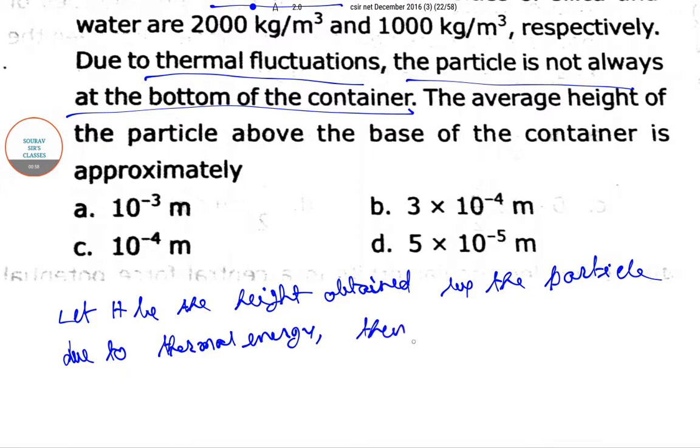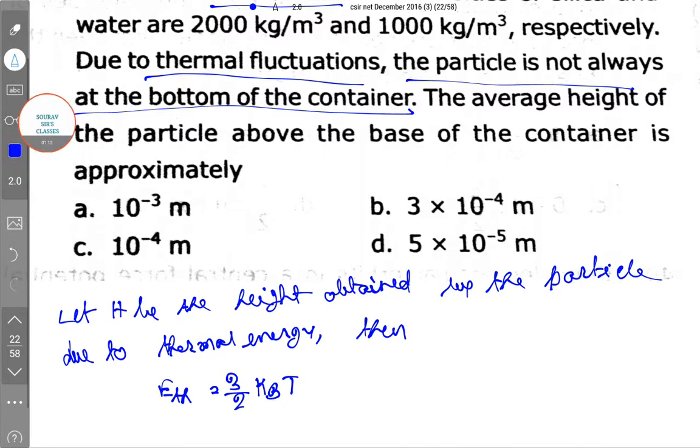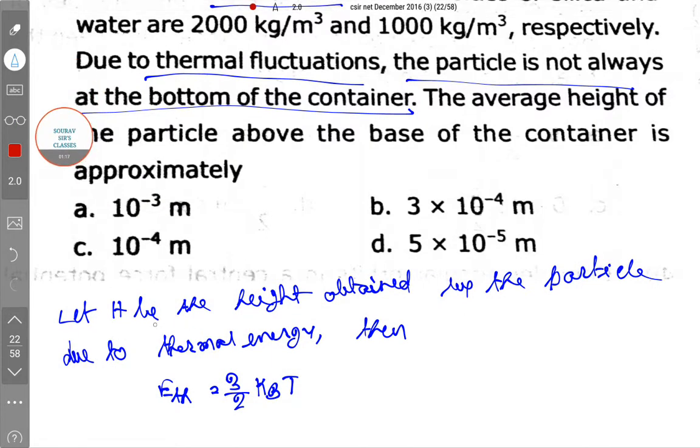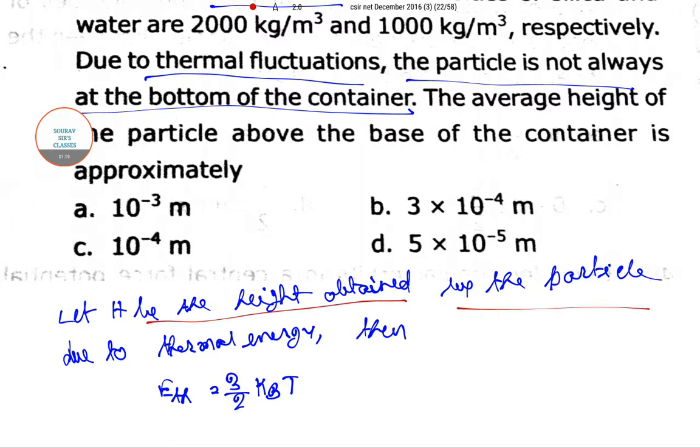Then E thermal is equal to 3/2 kBT. If h be the height obtained by the particle, then due to thermal energy, the E thermal is equal to 3/2 kBT.